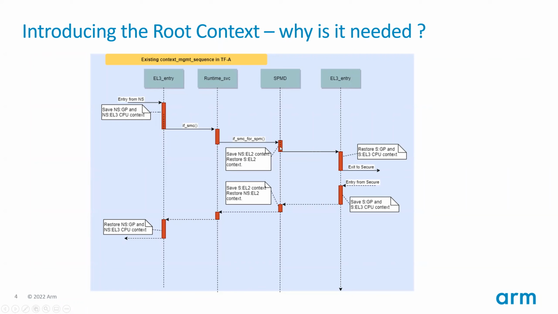So you can see that the non-secure EL2 context is not saved on entry to EL3, but is a deferred action done by SPMD. Then the EL3 entry point would go into the secure world. At this point, it would restore the secure general purpose context and the secure EL3 registers. The reverse would happen when coming back from secure.